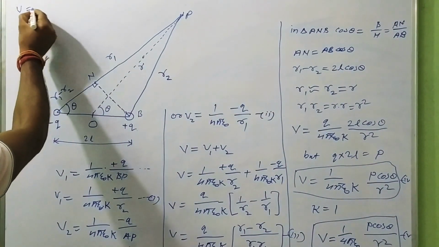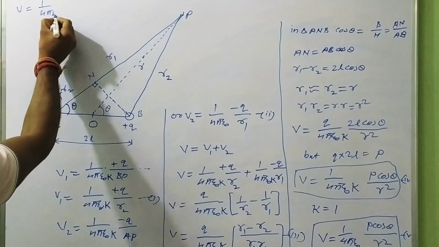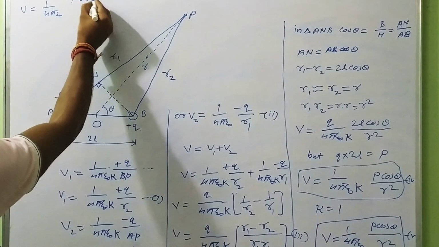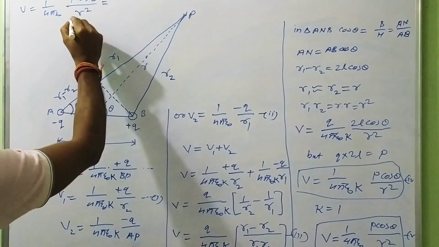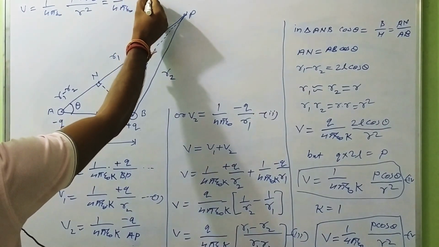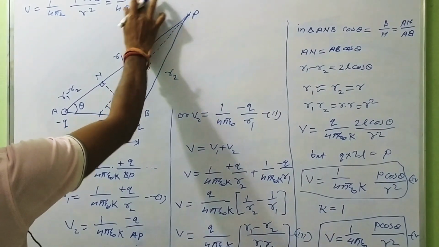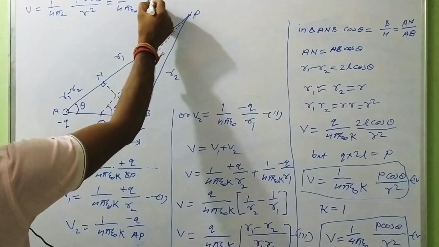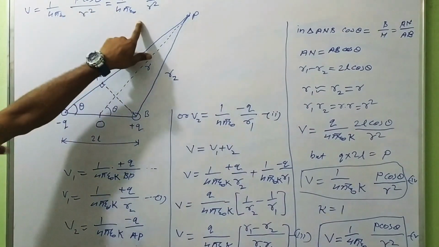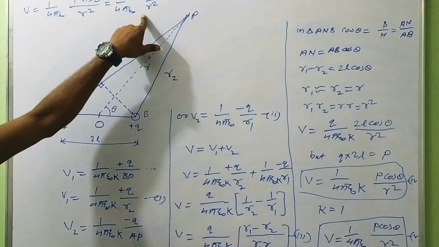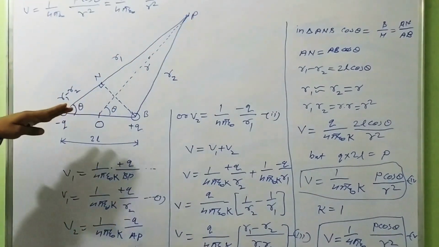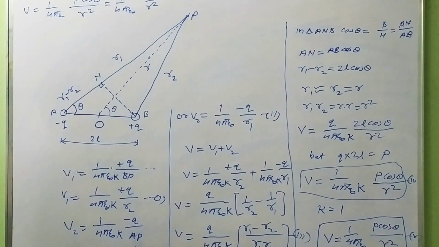So V will be equal to 1 upon 4 pi epsilon naught, P cos 0 degree upon R square, or 1 upon 4 pi epsilon naught, P into 1, that is P upon R square. This is the formula of electric potential at the axial position of the electric dipole.